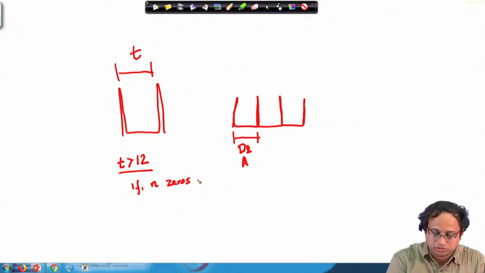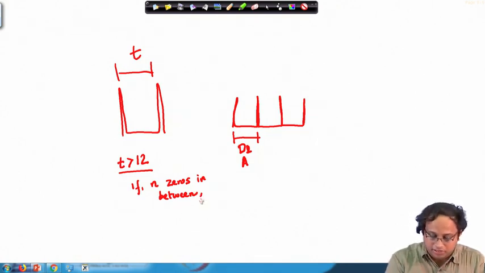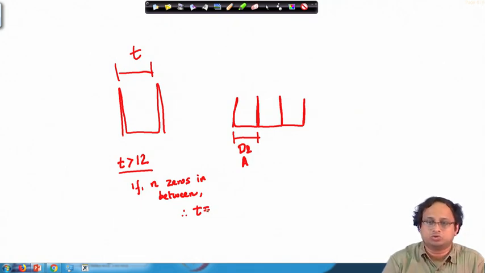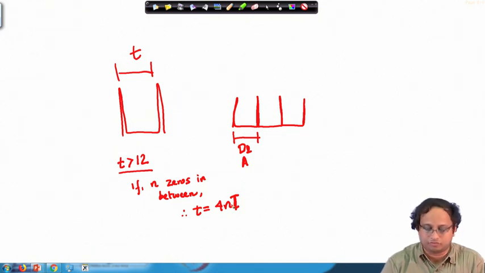Every zero corresponds to only a doubling operation. So t will in that case be equal to 4nT plus 12T, where T means the clock time period.